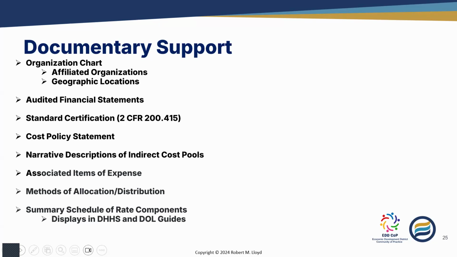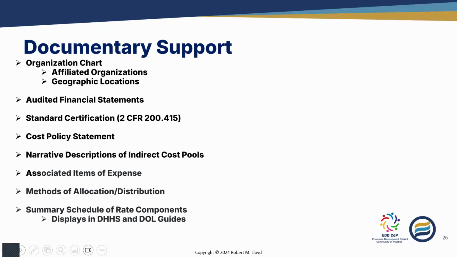The cost policy statement, which is the differentiation of what you charge directly versus indirectly. Narrative descriptions of the indirect cost pools, identifying how those pools benefit federal programs, the associated expenses related to the pools, and the method of allocation or distribution.